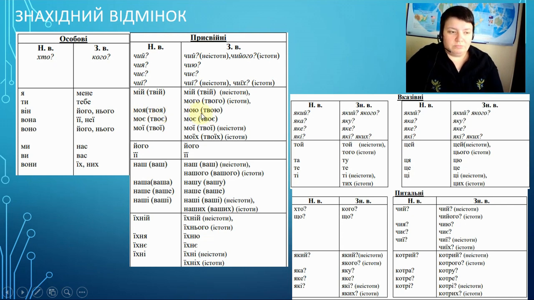Мою, твою, it's accusative. Моє, твоє, nominative. Моє, твоє, the same forms in neuter. Мої, твої, plural. And here inanimate мої, твої, animate моїх, твоїх. So you see the difference.